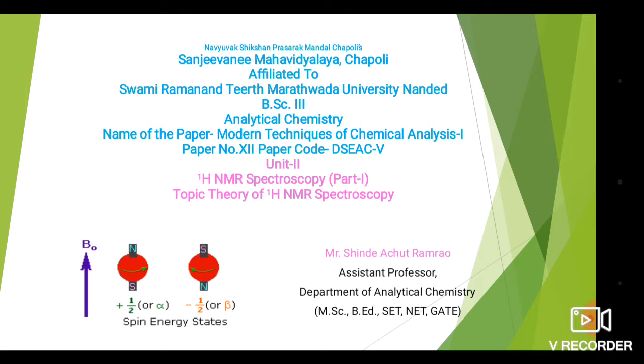In this lecture, we are going to learn about the second unit of this paper, number 12, that is H1 NMR spectroscopy. We are going to learn a little bit about the theory and principle of H1 NMR spectroscopy.